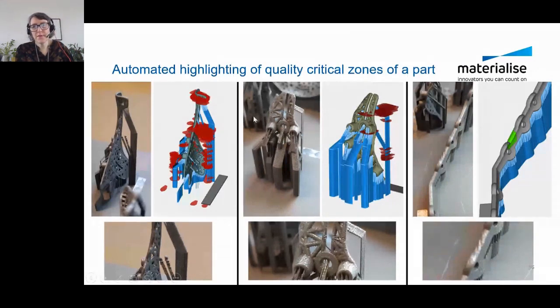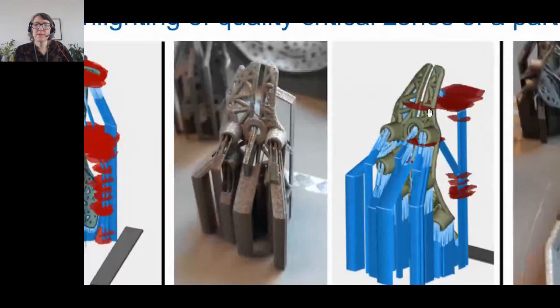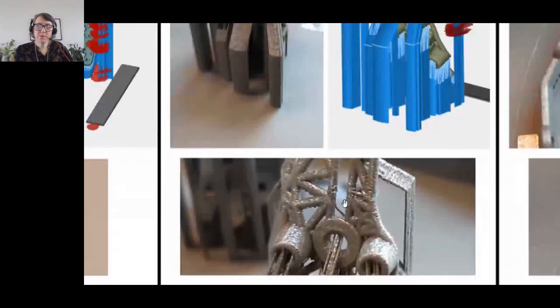But I like this example very much, because if you see here on this area, something happened in the powder bed. On the part, it's not directly visible, and here it's even a bit more zoomed in. It's something that when you do a visual inspection, you might easily overlook. The part consists of a lot of lattice structure.